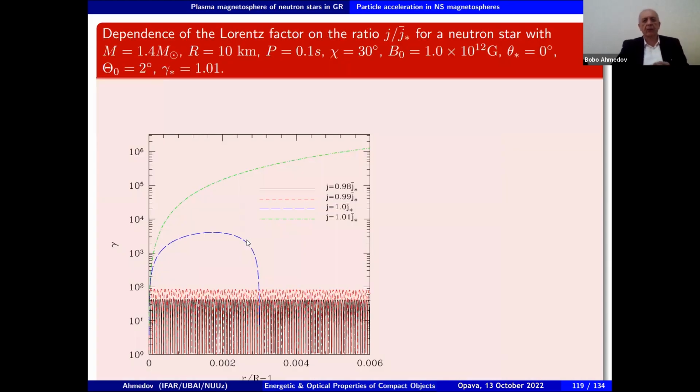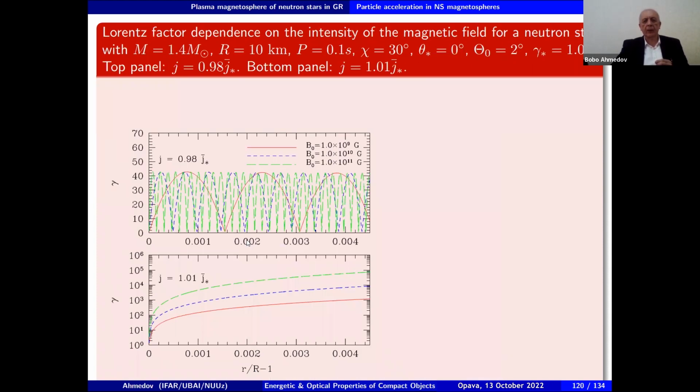And another thing, closely related to it, is the acceleration of particles in the plasma magnetosphere of an oscillating neutron star. What we have found here, the most important thing, is the electric current, which we call the Goldreich-Julian electric current.